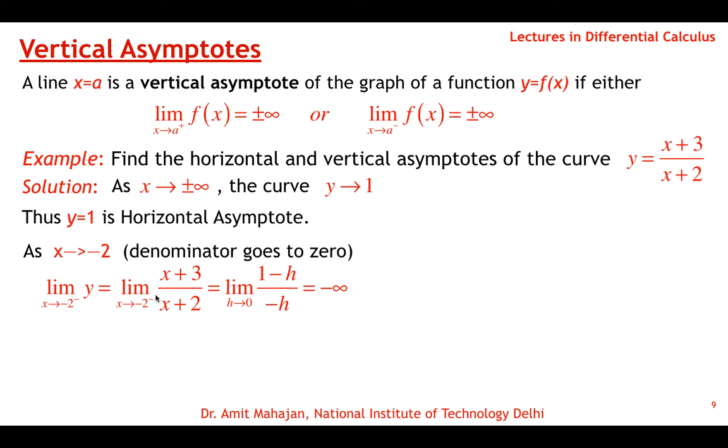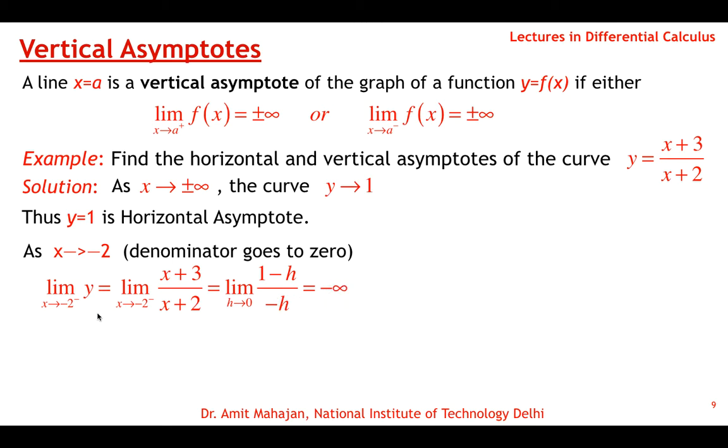So if you substitute x as minus 2 minus h, then numerator will become 1 minus h and denominator will become minus h, and then take the limit h tends to 0. So when h goes to 0, then 1 minus h will be positive, for h going to 0 it will be very small, and the denominator will be negative, so this will be 1 by a very small negative number, so it goes to minus infinity.